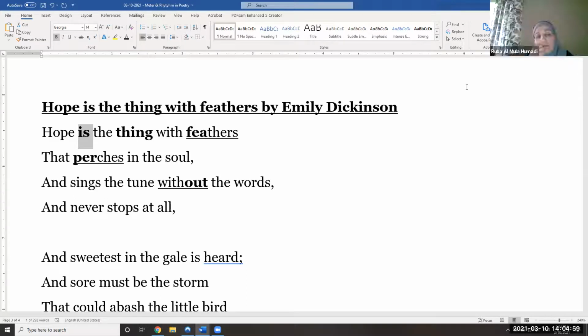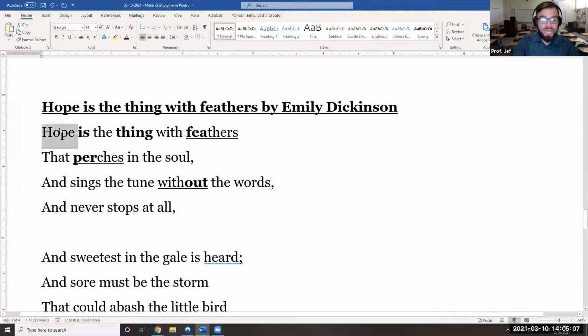Now, I will tell you, we might read this in different ways. Some people might say, oh, it's really important that hope is actually being stressed because it's the first word. Okay, maybe. But notice what Ruba did there is genius.